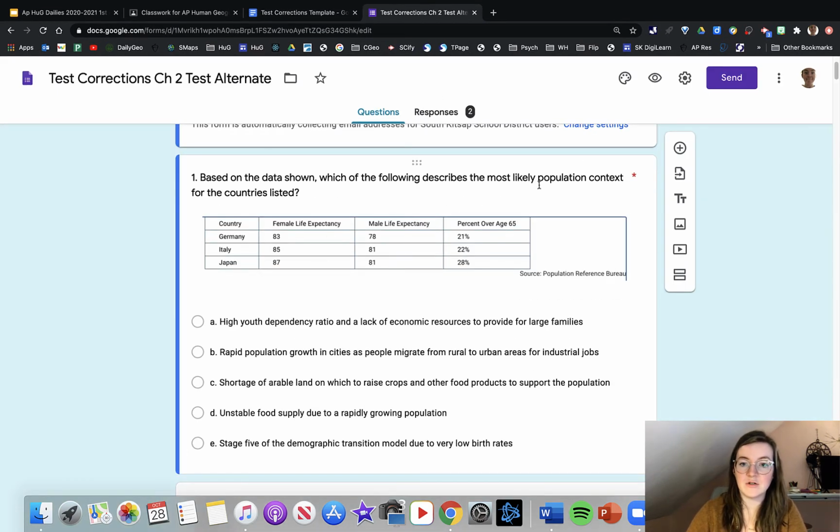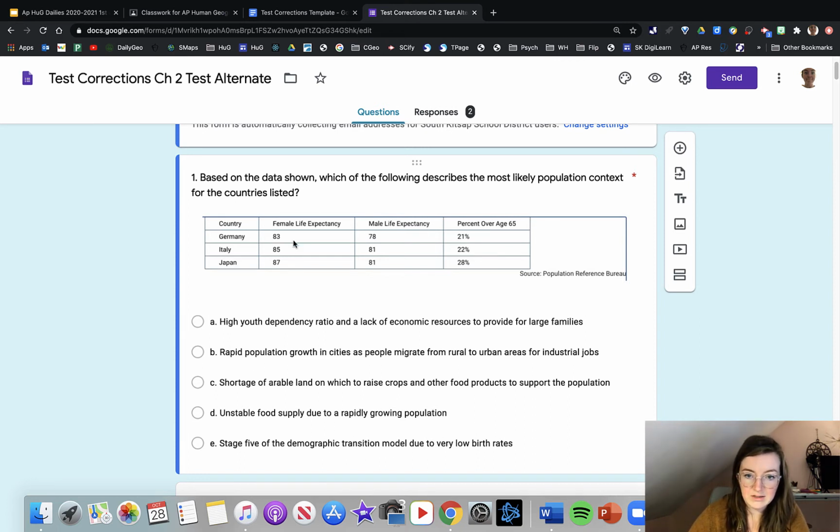Based on the data shown, table, which of the following describes the most likely population context of the country listed below? So we're looking at countries, life expectancies of female and male, and then the percent of the age over 65. So high youth dependency ratio, rapid population growth, shortage of arable land, unstable food supply, or stage 5 of the demographic transition model.